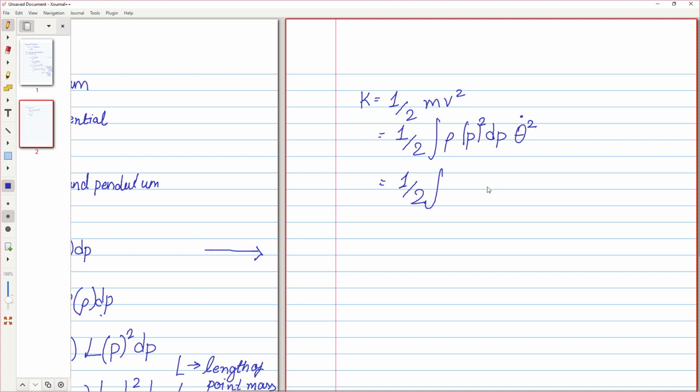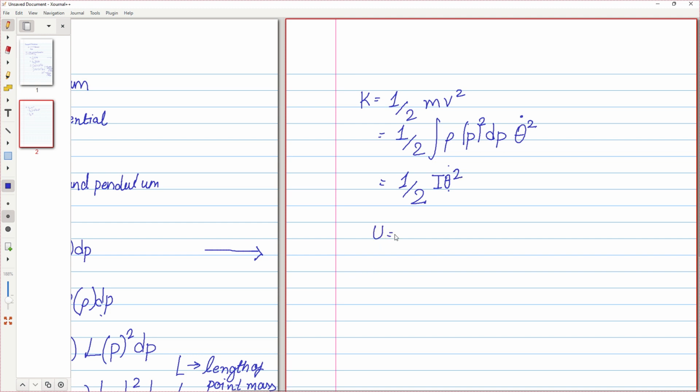Here it will compute to half I theta dot squared.